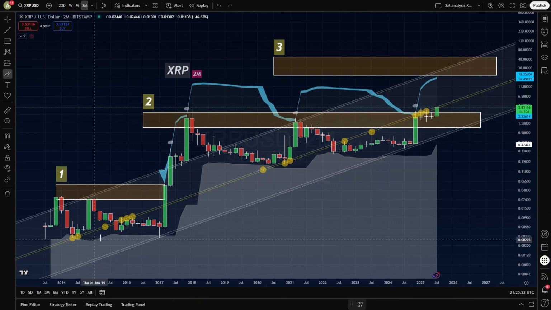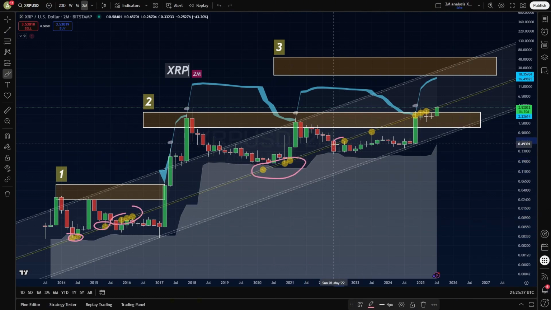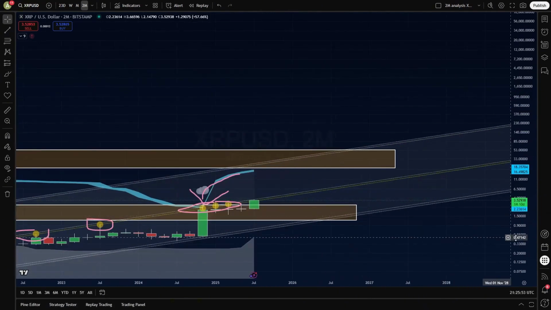I don't know how many touching points we have with this very strong golden resistance, but you can see here we have a cluster of touching points. Here again, here again, here more recently, here again, and very recently we have all of this as a strong resistance.